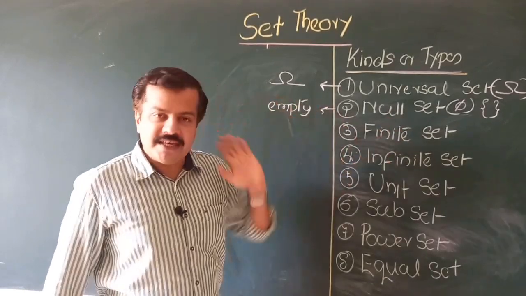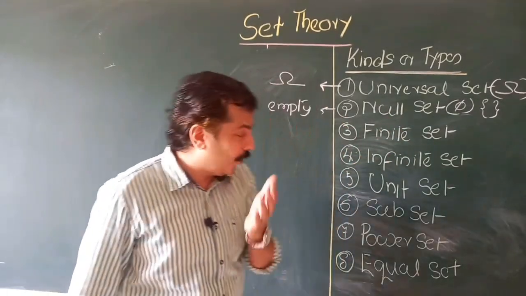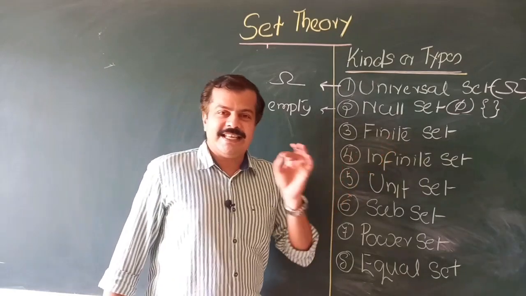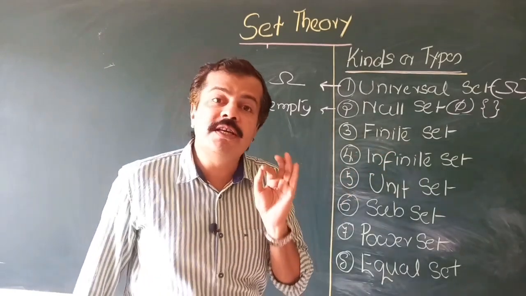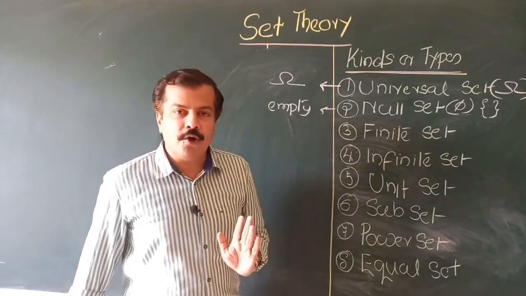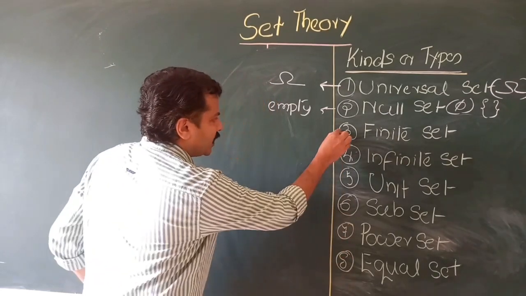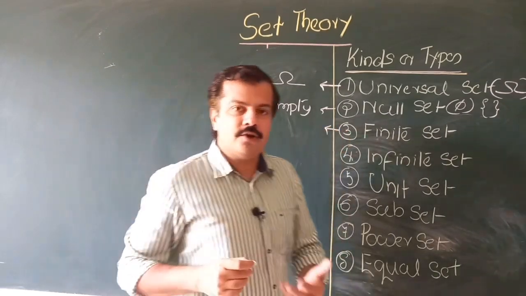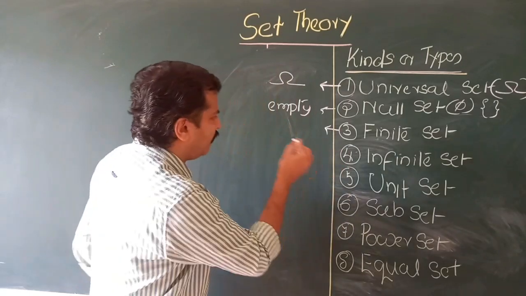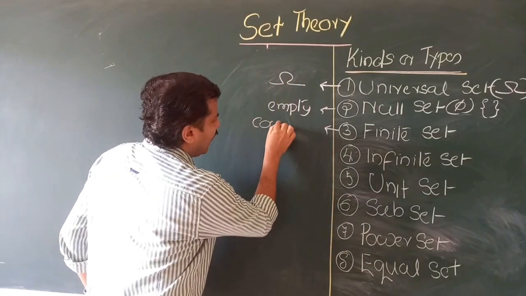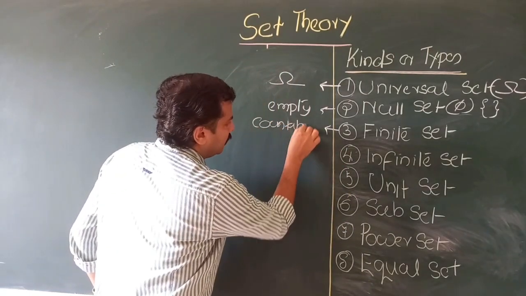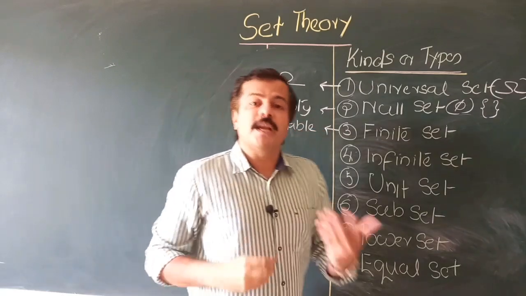Clear? Okay. Finite set is a set containing a countable number of elements, that is, a set that incorporates a finite number of elements. That's why a finite set is also called a countable or denumerable set.